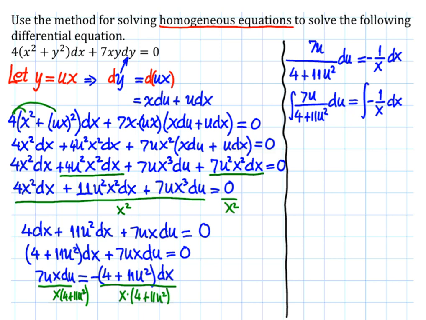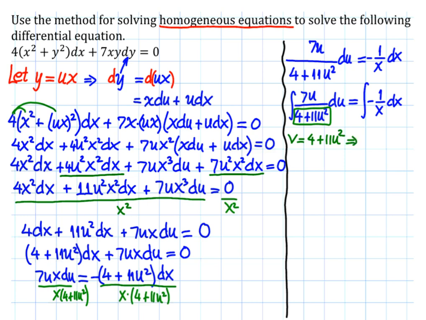The integral of the right hand side is a lot easier. I'll do that later. Now we just use the substitution. I will let 4 plus 11u squared equal something. Since we have u already, let that be v. So v is equal to 4 plus 11u squared.